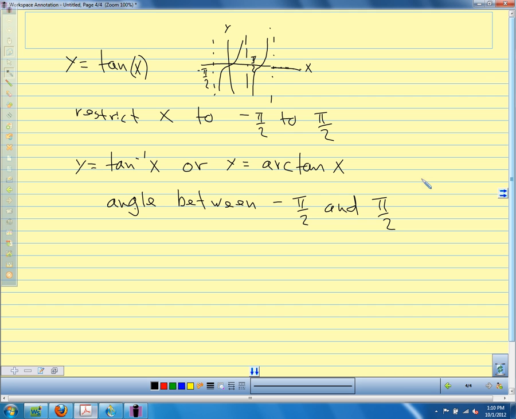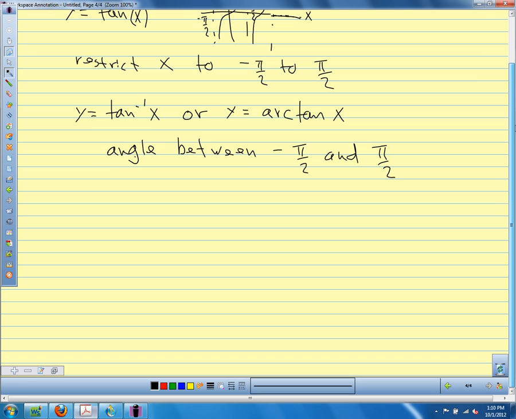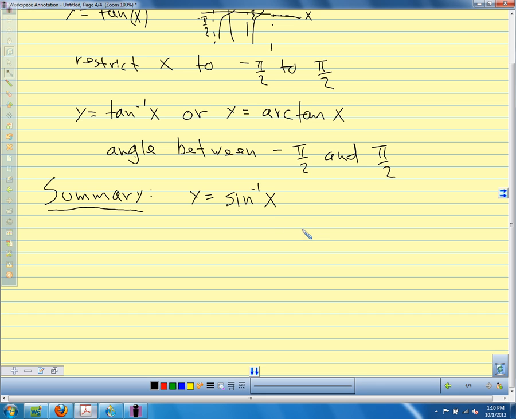So let me write a quick summary of the inverse trig functions. So our summary. y equals the inverse sine of x.